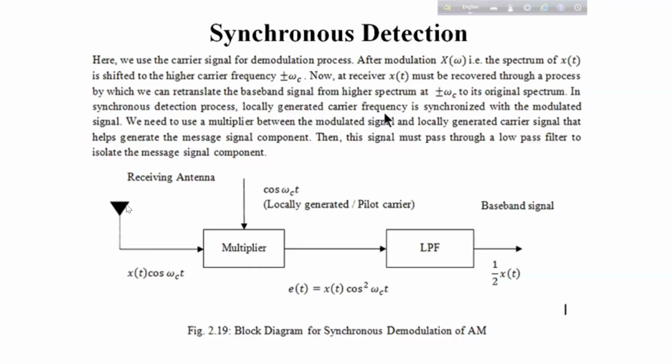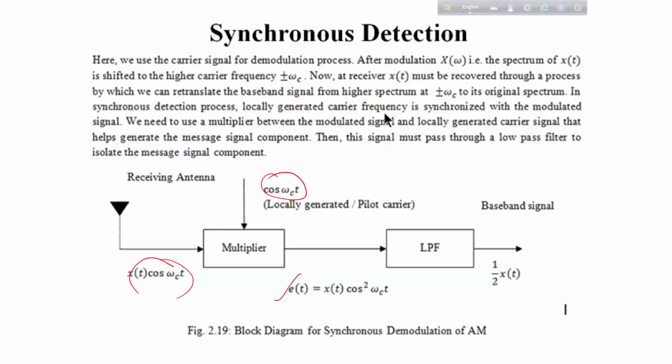In both ways, we can have the carrier signal. The multiplier multiplies the carrier signal and the modulated signal. After multiplication, we get e(t), which is x(t) into cos omega_c t into cos omega_c t, so we can write x(t) cos square omega_c t.